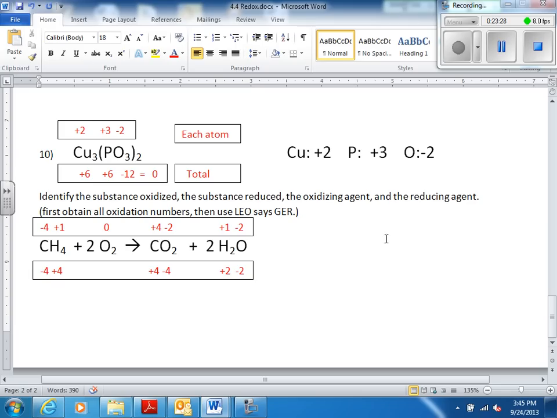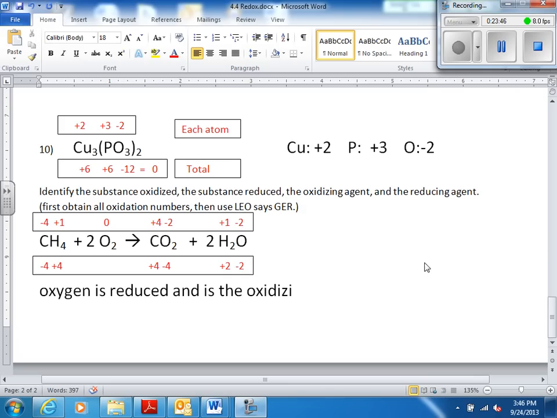Gaining electrons is reduction. So that's telling me the oxygen is reduced and it's the oxidizing agent.